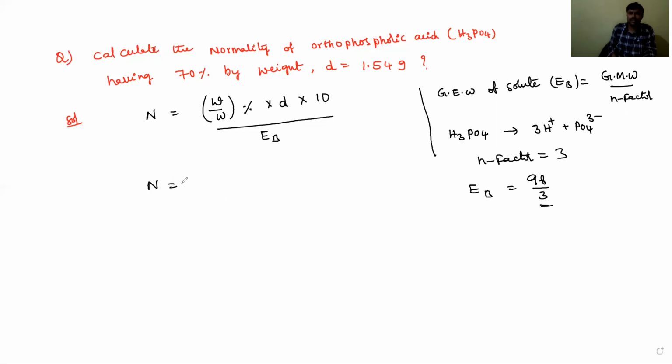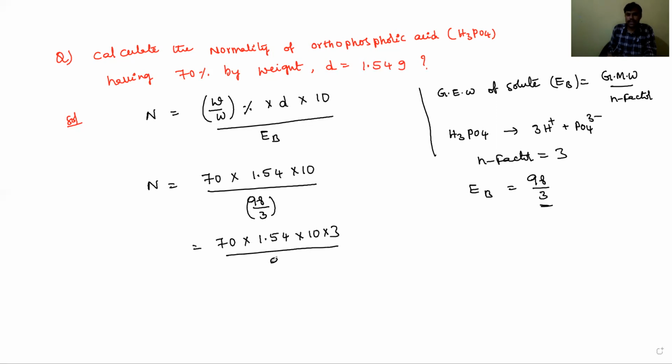Okay, students, you have to substitute that 98 divided by 3 in the above formula. Then the normality is equal to weight by weight percentage 70 into density 1.54 into 10 divided by 98 whole by 3. The 3 in the denominator goes to the numerator, so it is 70 into 1.54 into 10 into 3 divided by 98.